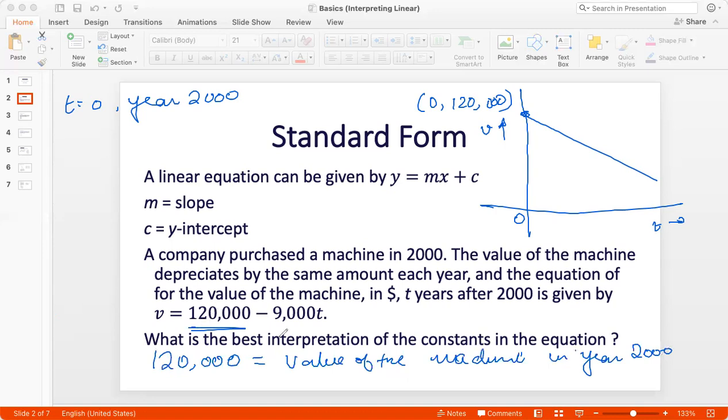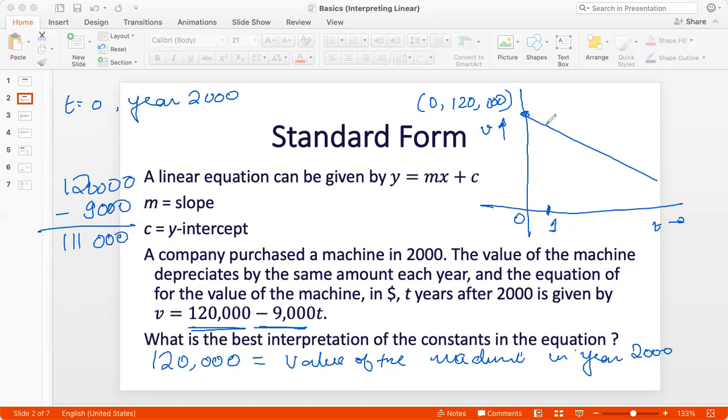And what is the interpretation of this 9,000? So let's say I start with year 0. I go to next year, then what will be my value? It would be 120,000 minus 9,000, right? So that's 111,000.